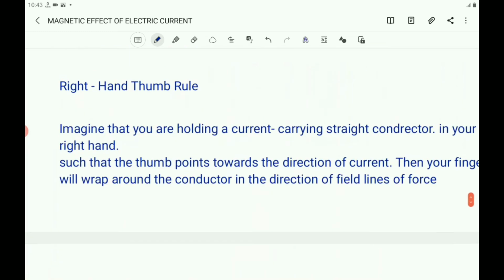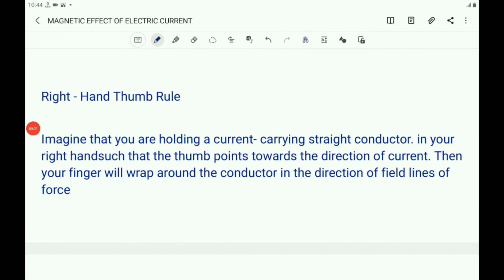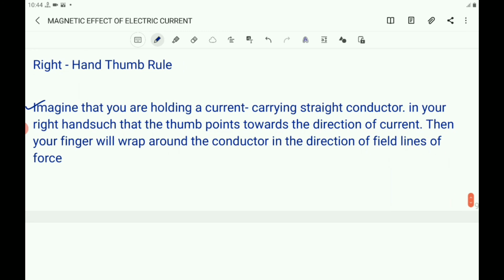Children, write the statement of the right hand thumb rule and also draw the figure here. So what is the statement? Imagine that you are holding a current carrying straight conductor in your right hand such that the thumb points towards the direction of current.